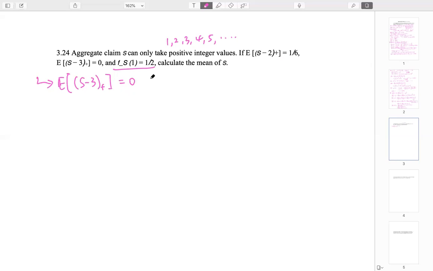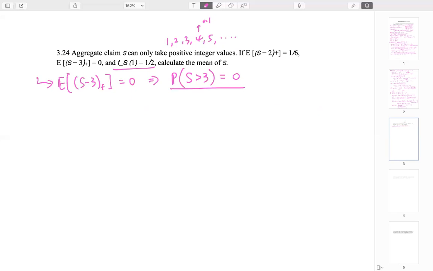That means the probability that S is greater than 3 is 0, right? Otherwise, this value will never be 0, right? So first of all, it's non-negative. And as long as you have some value that is greater than 3, let's say 4, then this is non-zero, right? So if, let's say, this probability is 0.1, then your expectation would be at least 0.1, not 0.